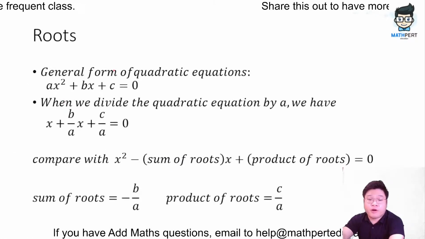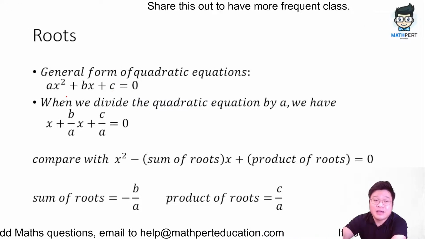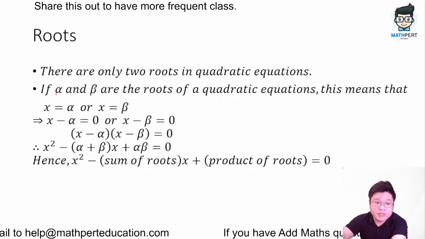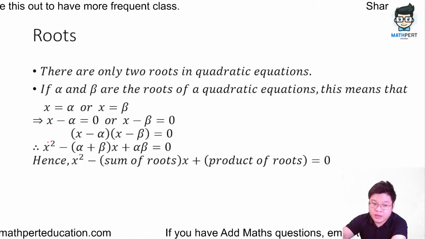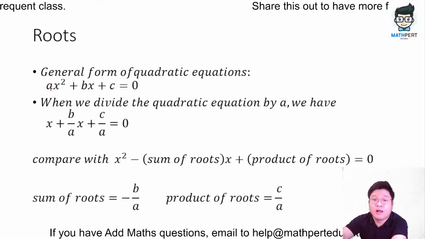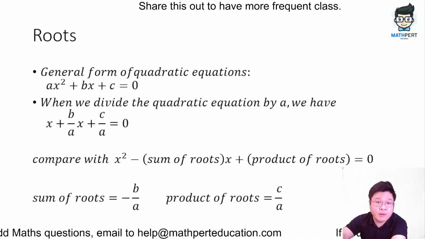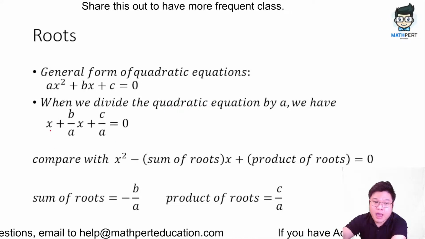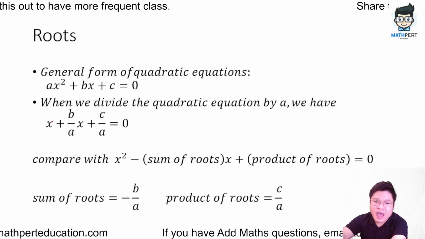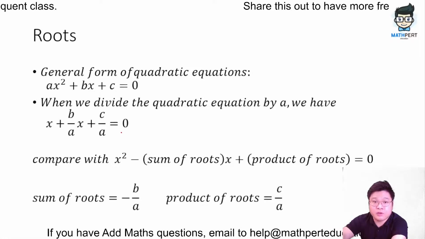The general form for quadratic equations is ax squared plus bx plus c equals to 0. As you can see over here, the coefficient of x squared in the other equation is 1. So we need to remove the coefficient of x squared, meaning we divide the whole equation by a. Sorry, we divide by a, not x. So we get x squared plus b over a x plus c over a equals to 0.